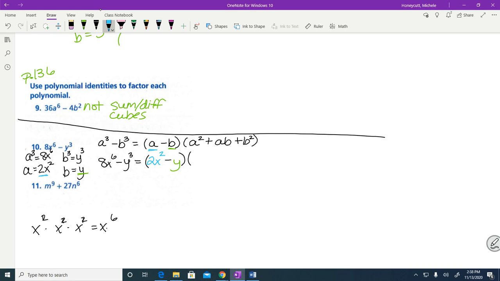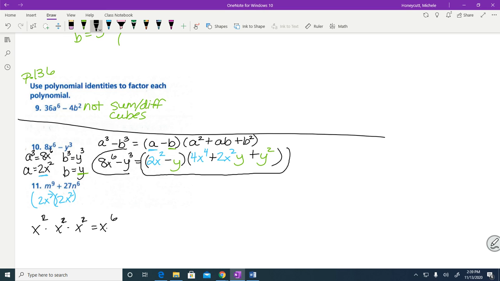So 2x squared times 2x squared. 2 times 2 is 4, x to the fourth power. Plus, then I need to multiply the a times the b, so 2x squared times the b, which is y, plus the b squared. So if b is y, b squared would be y squared. And my answer is, this is the factorization.